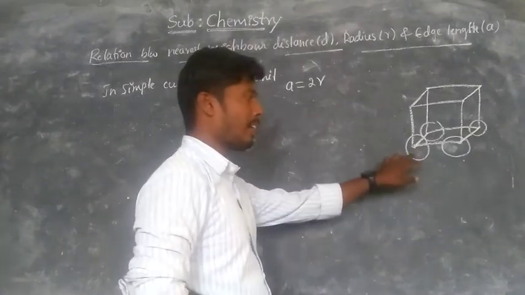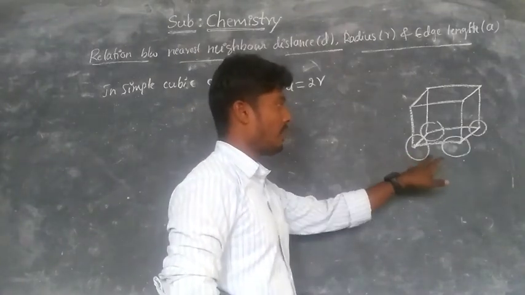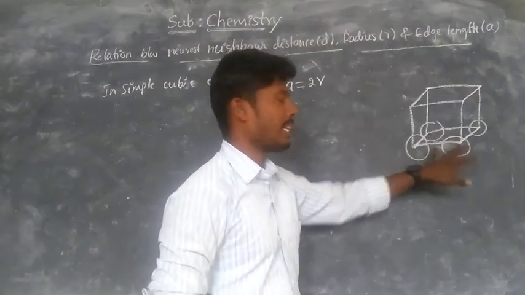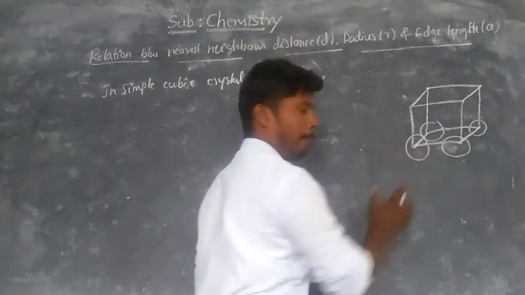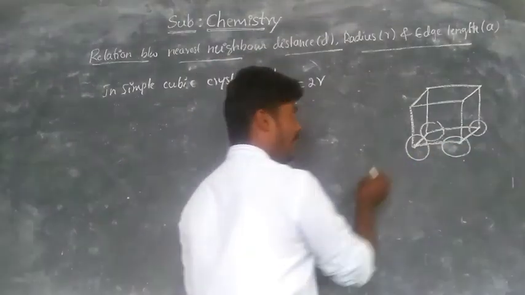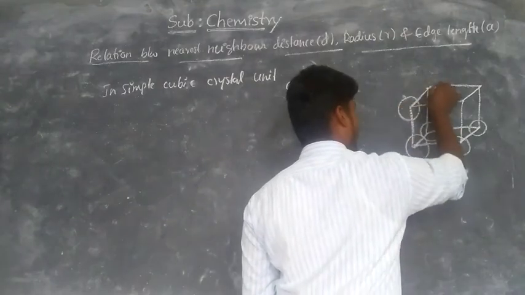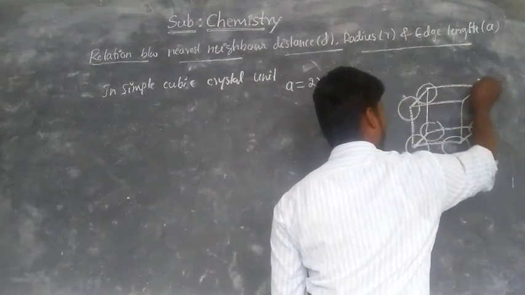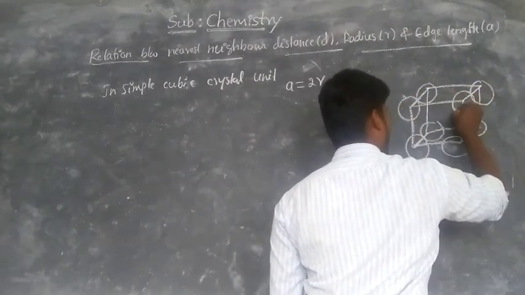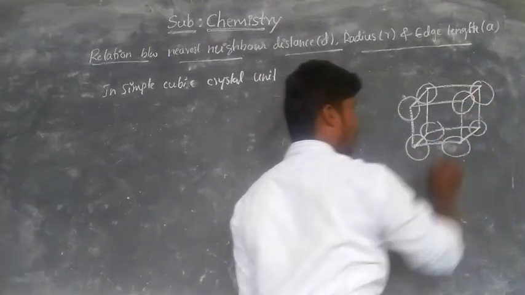The touching of these spheres is not drawn, but actually these two touch each other. This can be represented in a simple way. In every corner there is one atom, and those are interconnected to one another.